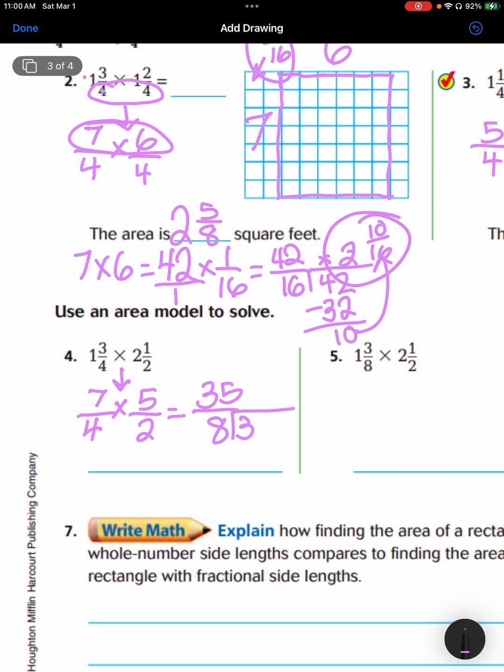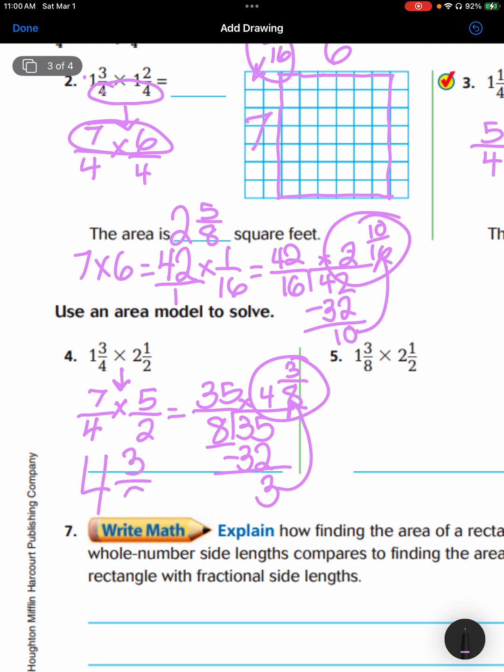Divide. 8 can go into 35 4 times without going over, which is 32. And you have 3 left over. Bring it up, put it over your original denominator of 8. So your answer is 4 3/8.